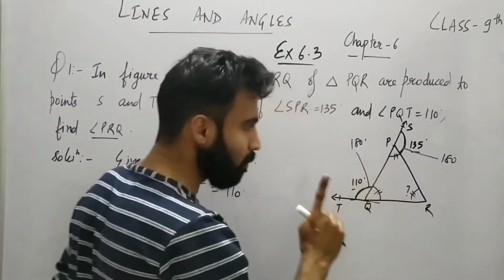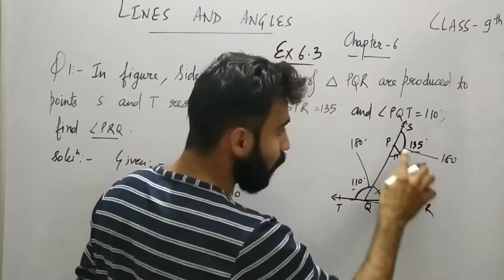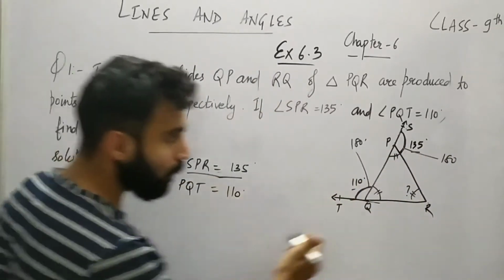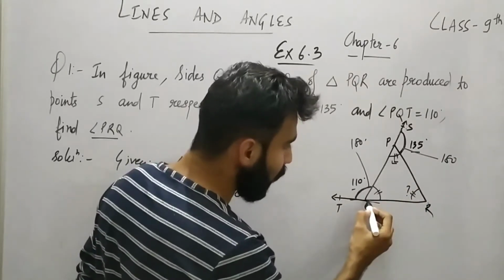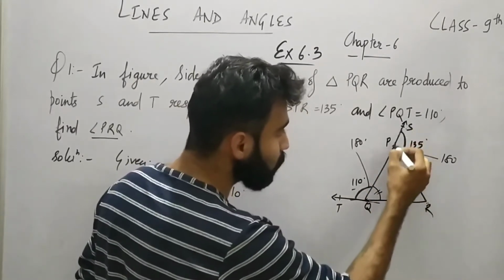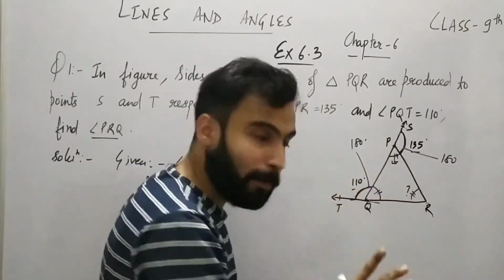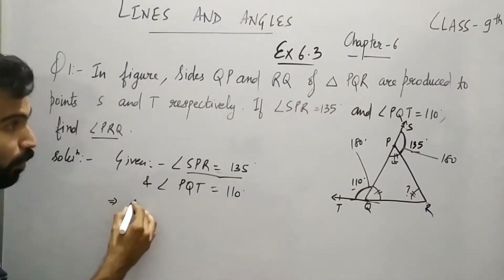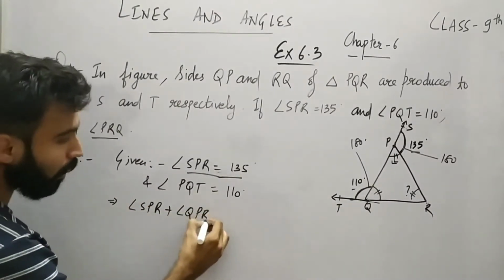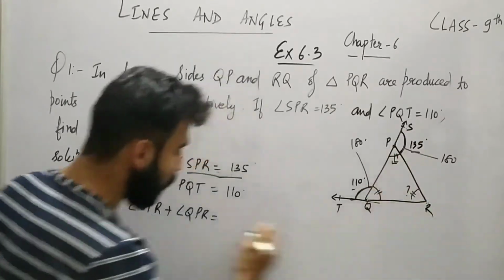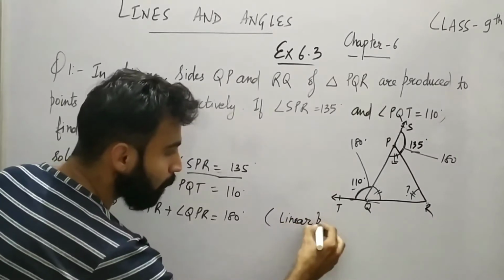Now step by step I will move down here. First I'm taking this angle SPR, which we know is 135 degrees, and we will find this angle first. How will we find it? We know that angle QPR plus angle SPR is equal to 180 degrees because they are forming a linear pair, right?